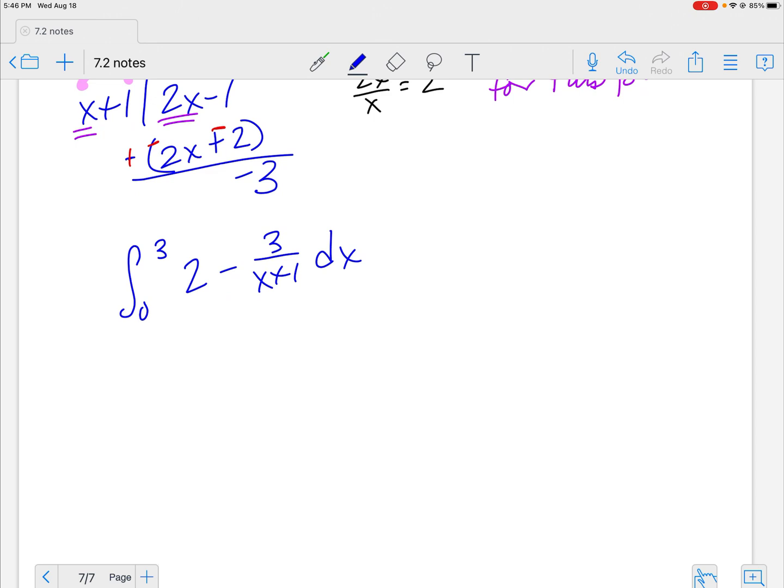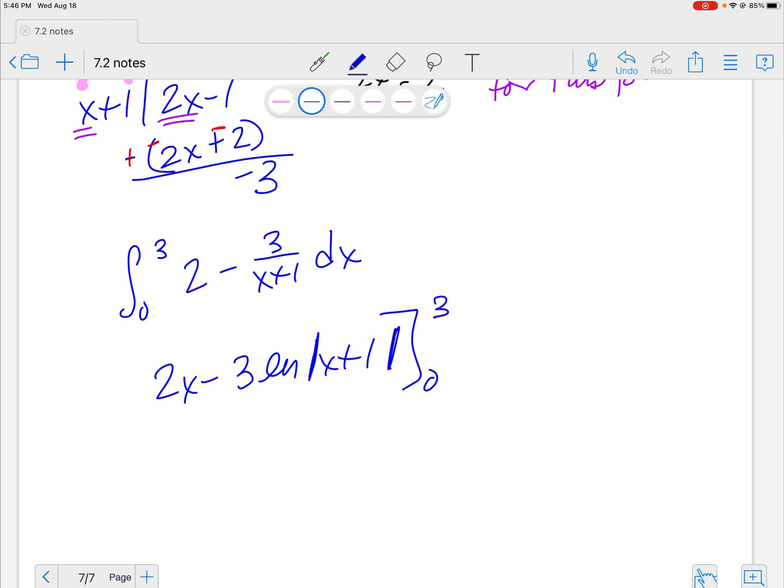Again, when you integrate, you can split this up, or, I know we just learned it, but I think you guys can get this. So if I'm doing this problem, I would just come up here and say 2x minus 3 natural log of x plus 1 from 0 to 3.